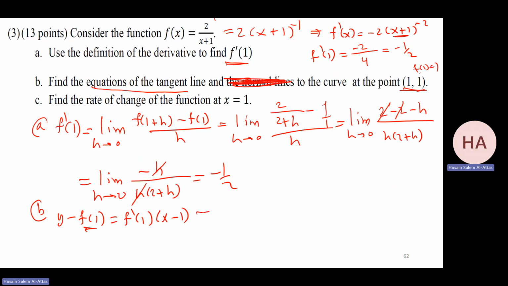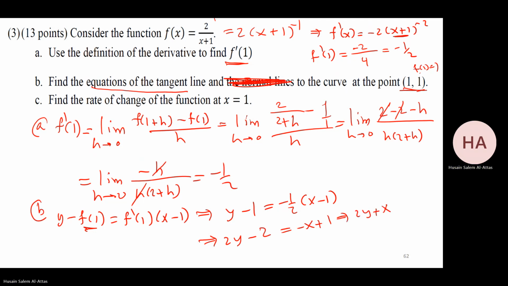So that gives me y minus 1 equals minus half (x minus 1). Now multiply by 2. So 2y minus 2 equals minus x plus 1. So I have 2y plus x minus 3 equals 0.